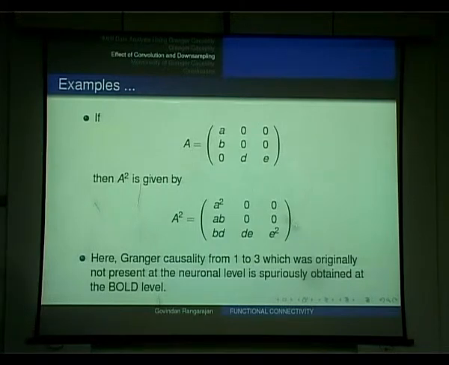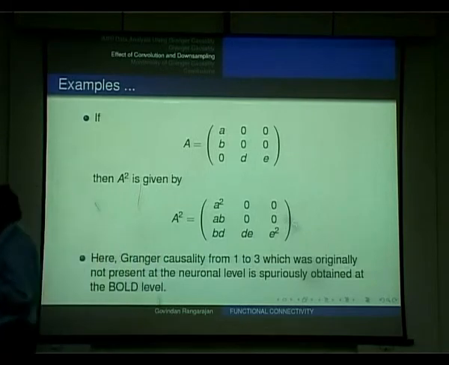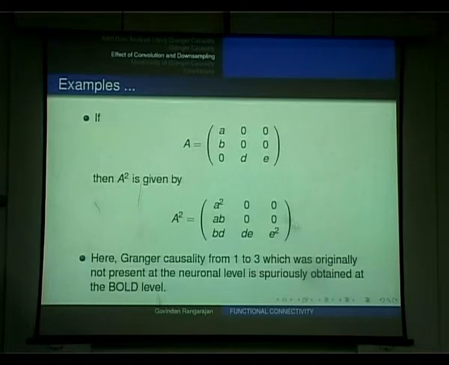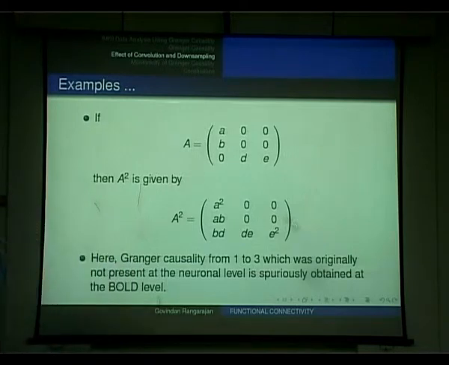So one has to be very careful in doing fMRI connectivity analysis because of all these curious effects which can come from the severe downsampling that you do. But again, as I said, this whole analysis and all these concerns are valid only if you are trying to map the BOLD level signal to the neuronal level signal.